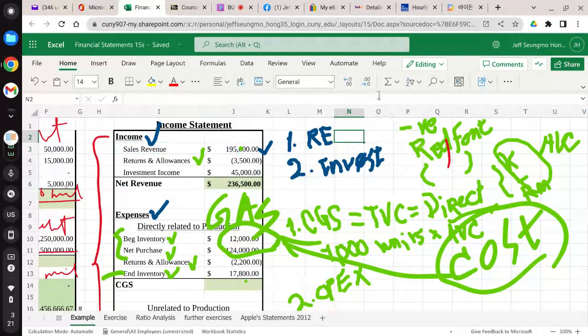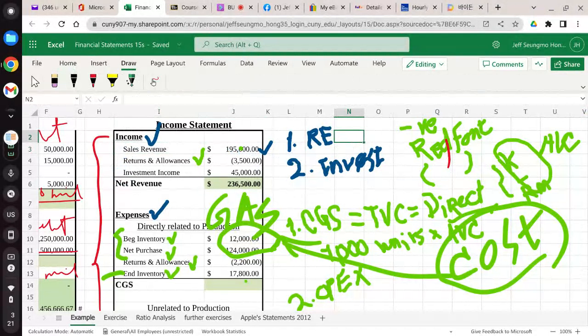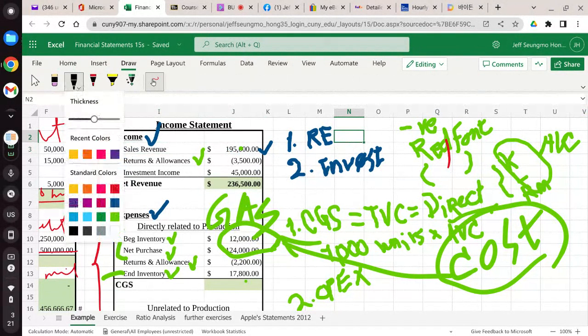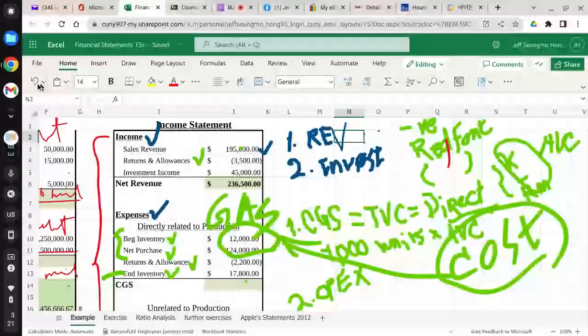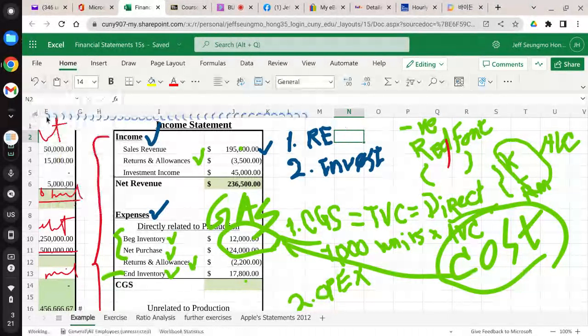If I were to write it in, I should have written it in. Oh no, redo, please. Redo. Okay.